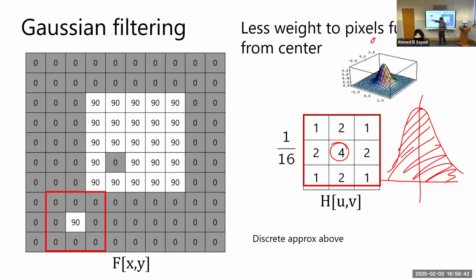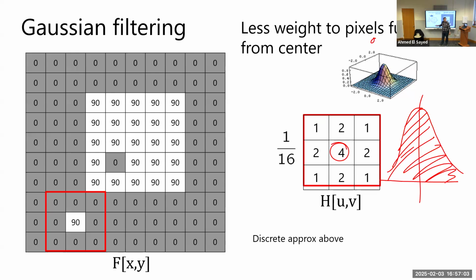Anyone know what the equation for the bell shape is? What is it? Come on, guys. What is the equation for the Gaussian?